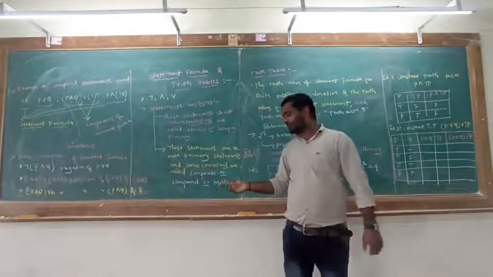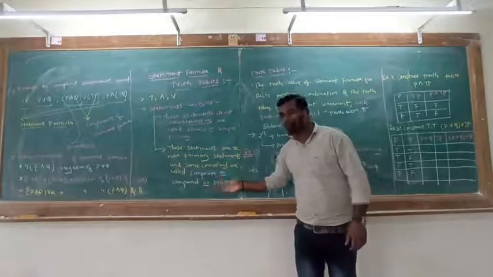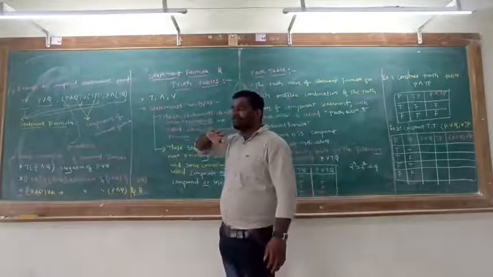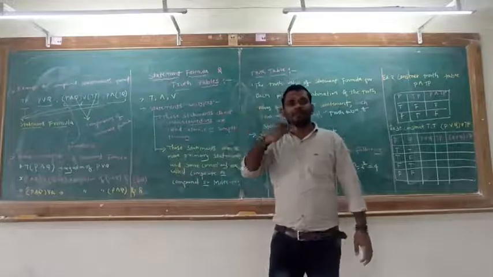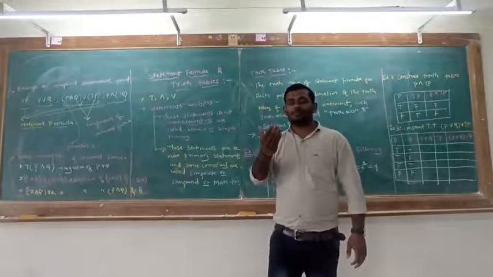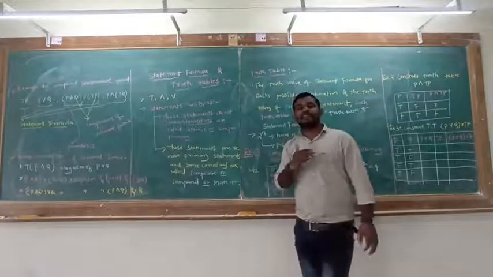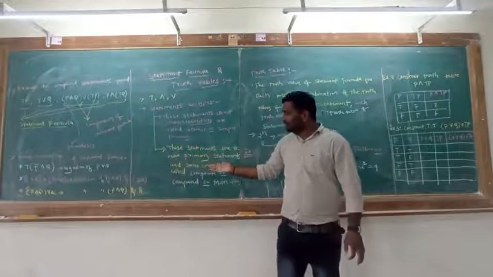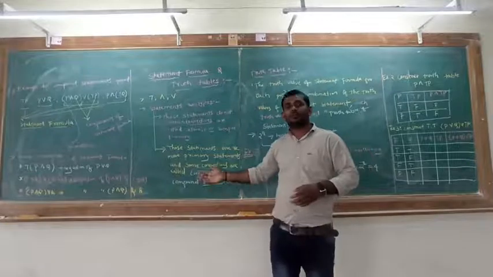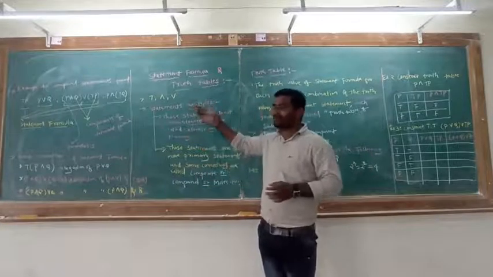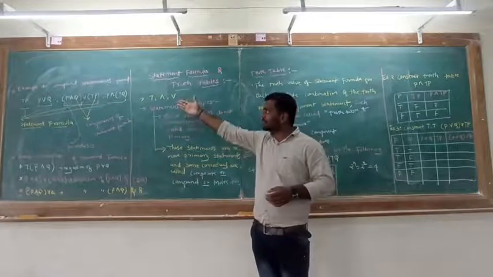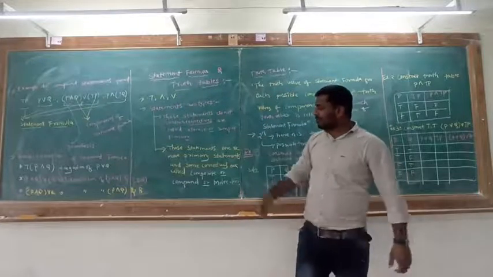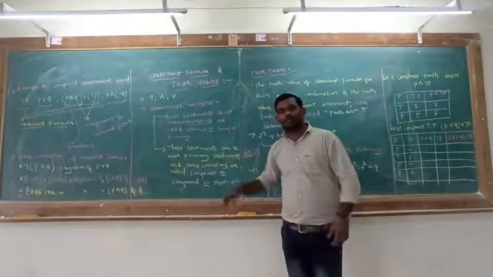In a simple statement there is one single statement that cannot be divided into subparts or broken into sub-sentences, so we call it primary. The second type is composite or compound: by combining primary statements using connective symbols like negation, conjunction, disjunction, the resulting statement is called a composite or compound statement.